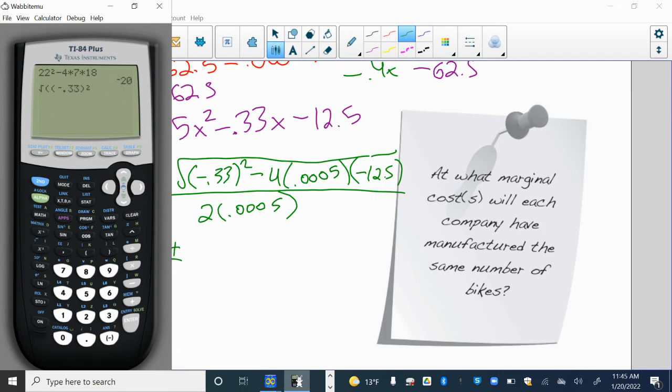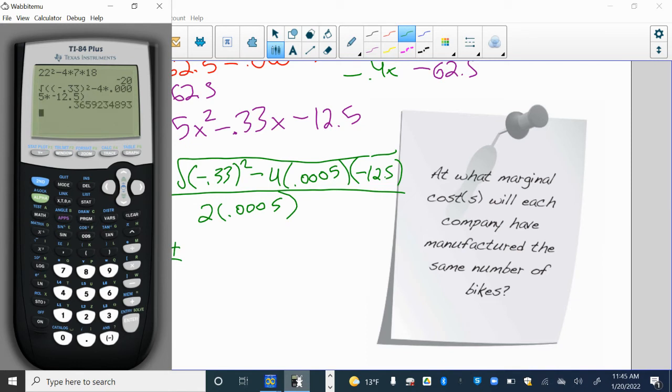Could have just put 0.33 squared. We know that's going to become positive. Minus 4 times 0.0005 times negative 12.5. I would really just read back through and make sure it all looks right, because it just takes one little error somewhere for this whole thing to go off.